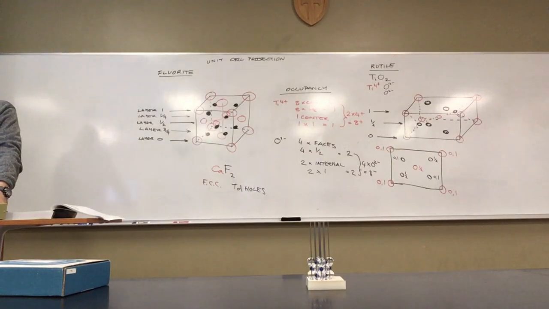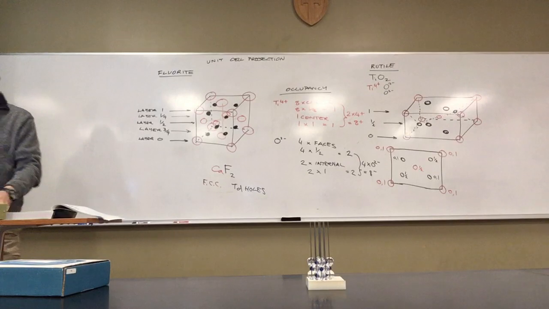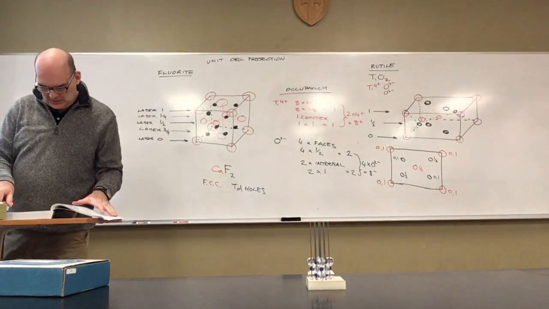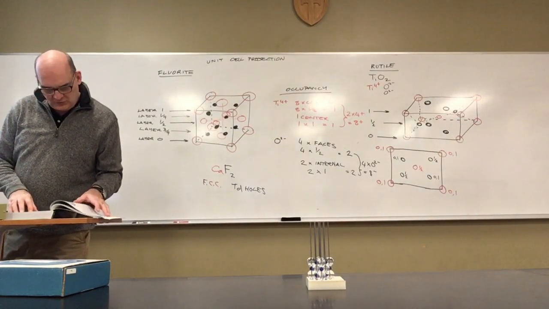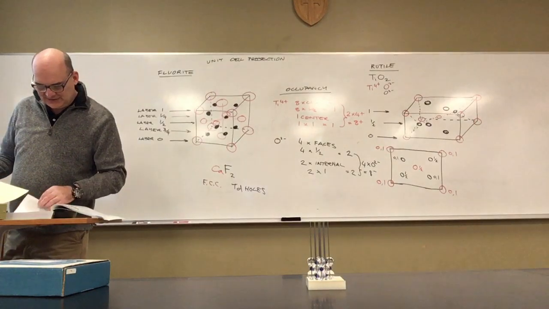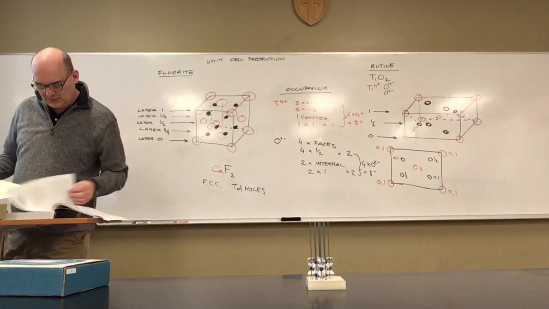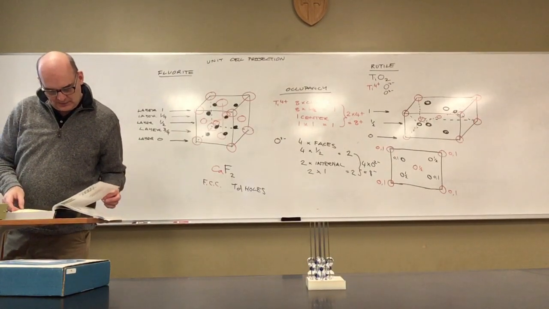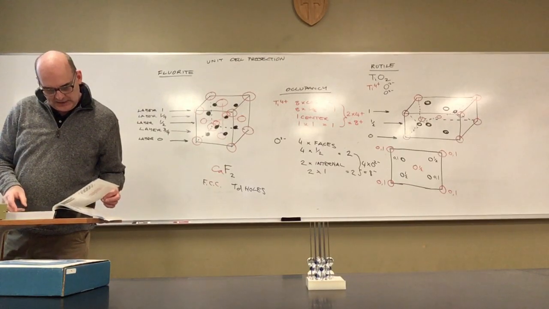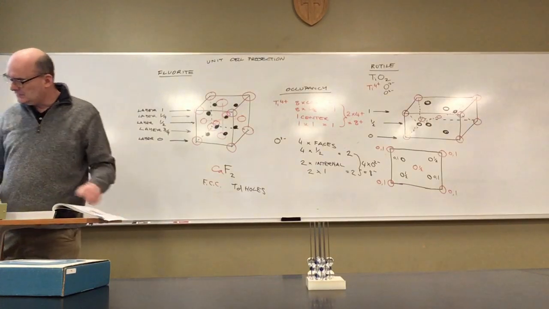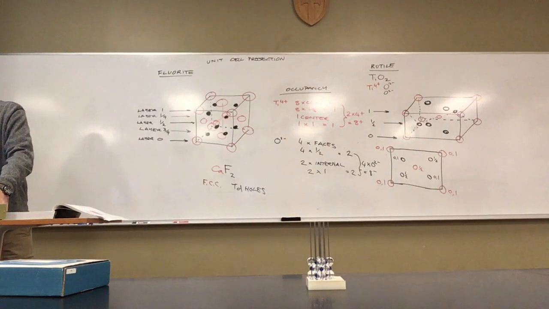Let me just show you a couple of other things that are regular textbook examples. Perovskites, page 116 in the book. Let me see if I can find a diagram.